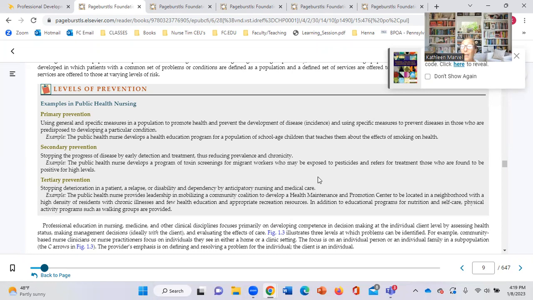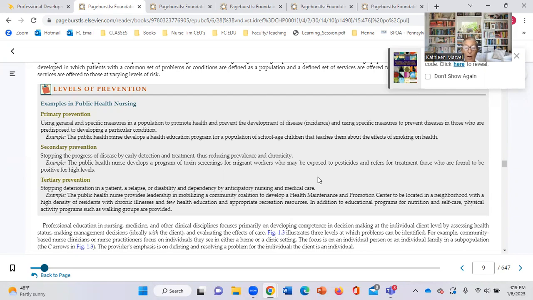Tertiary, stopping the deterioration in a patient, a relapse or disability. Okay, so they already have something. They already have had a stroke. They already have diabetes. So example, the public health nurse provides leadership in mobilizing a community coalition to develop a health maintenance and promotion center to be located in the neighborhood.